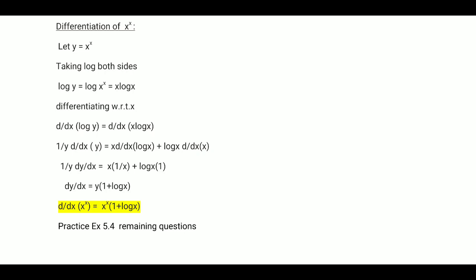So from this we get dy upon dx is equal to y times 1 plus log x.